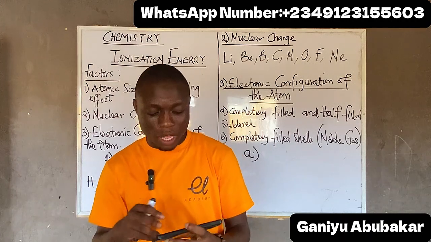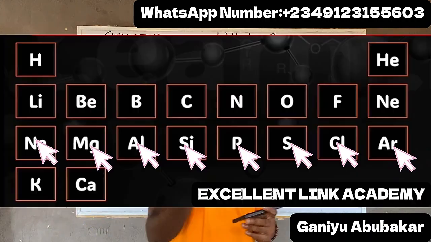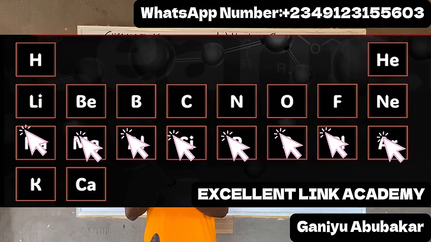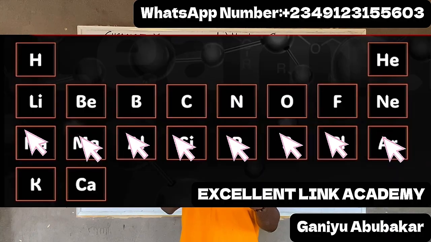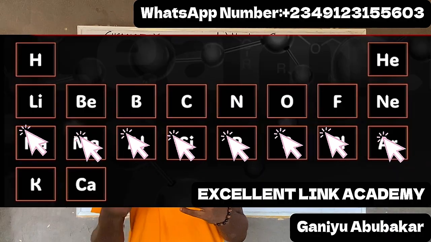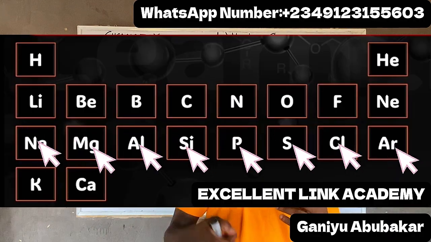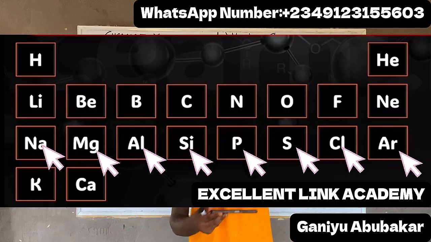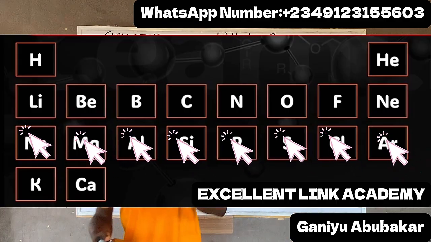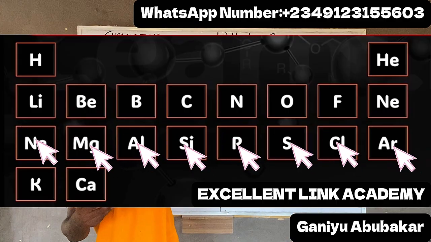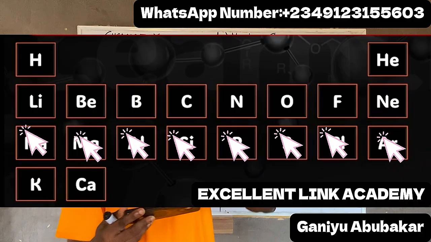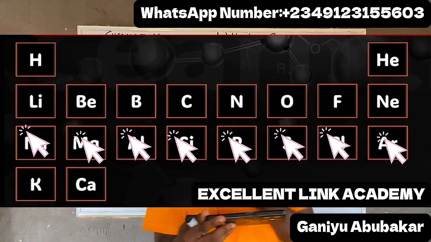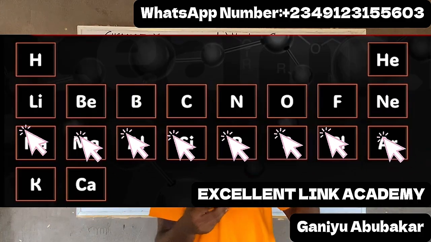Why is it so? If you observe magnesium, aluminium, silicon, phosphorus, from sodium to argon, if you observe the pattern, you see that the increase in first IE is irregular.